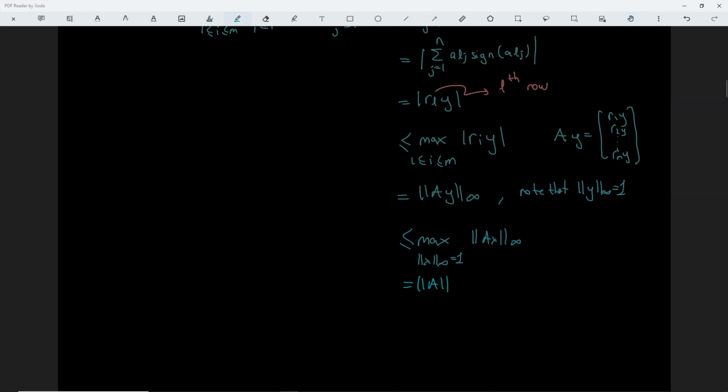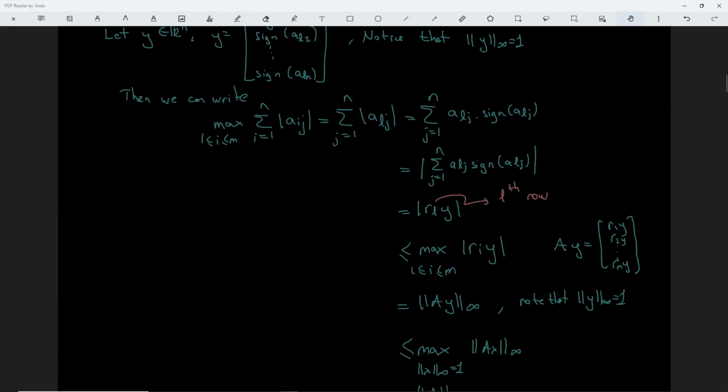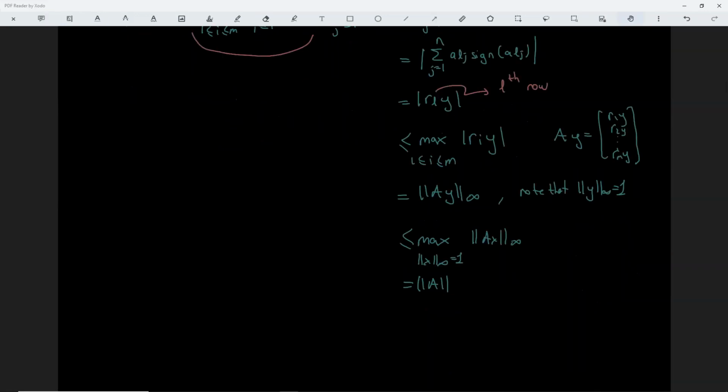Okay. So remember that we start from that maximum value, or let me show you the expression. We said that this expression is less than or equal to the induced norm of A, okay? So we simply show that the induced norm of A is greater than or equal to the maximum of the summation over j from 1 to n of the absolute value of a_ij.